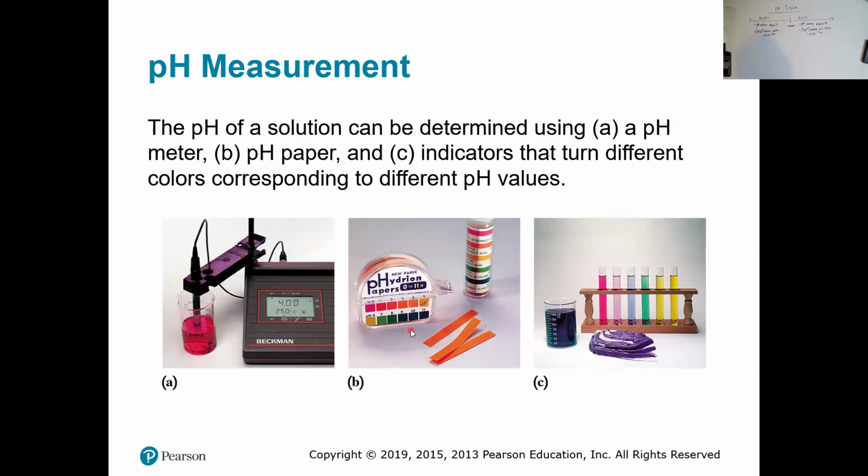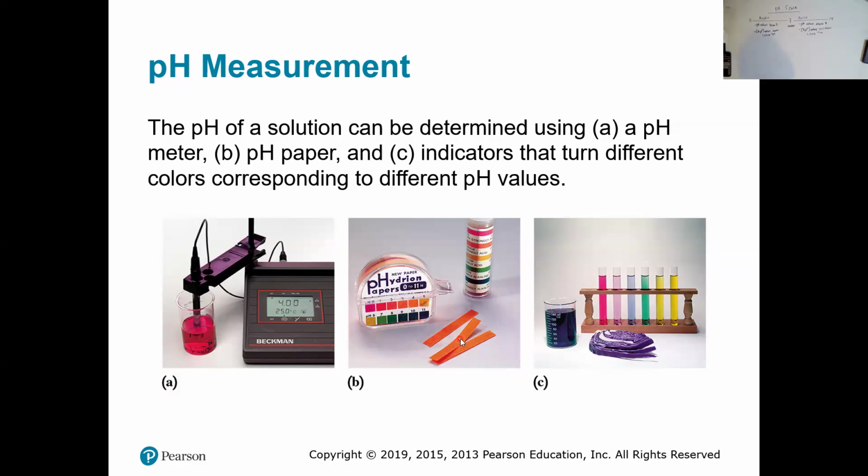You have different types of pH papers. This is a type of pH paper that you could use. The pH papers you can dip into a solution and they'll turn a particular color based on how strong the acid or base is. Some pH papers can give you colors that are specific to a particular value of pH.